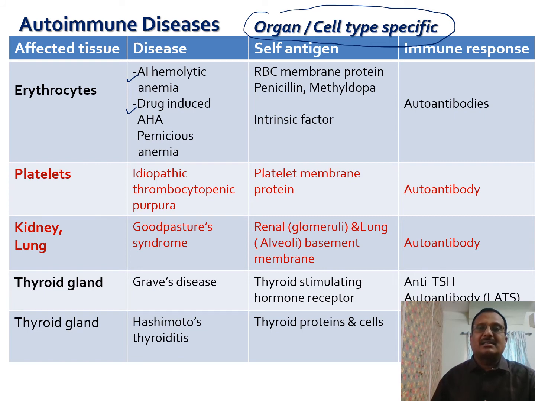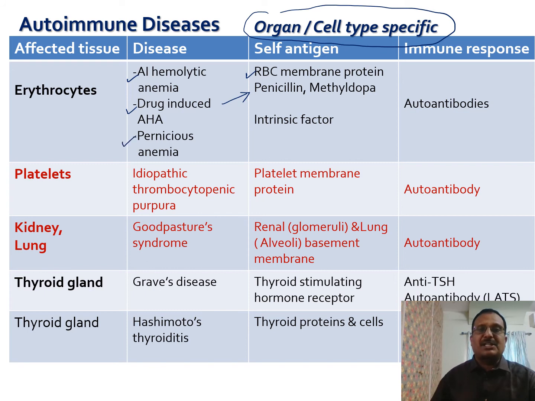Here, autoantibodies are produced against the RBC membrane protein, and drugs like penicillin and methyldopa, once they act on the erythrocytes, alter the surface antigens on the RBCs. Then the altered RBCs are recognized by the immune system as foreign cells and cause the production of autoantibodies, resulting in autoimmune hemolytic anemia.